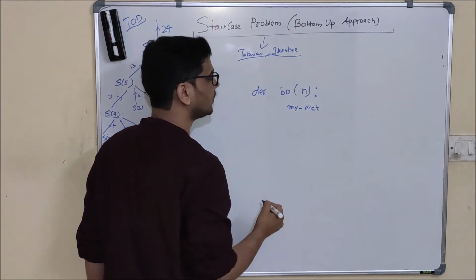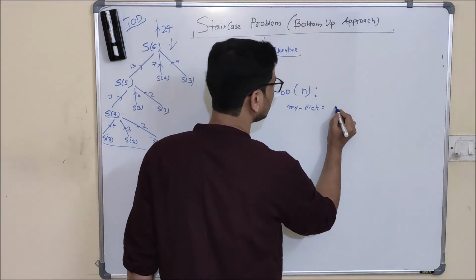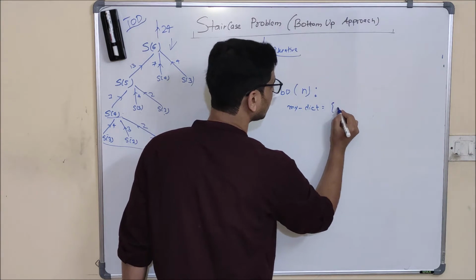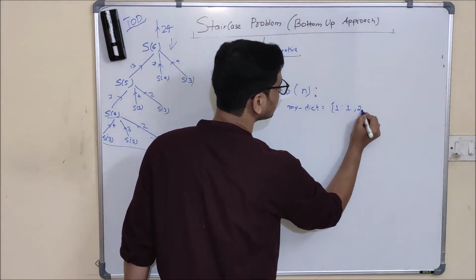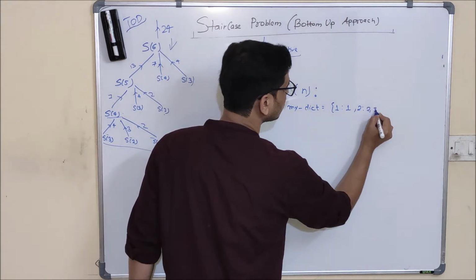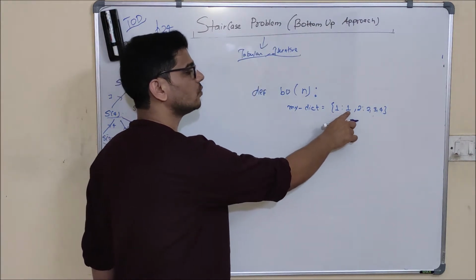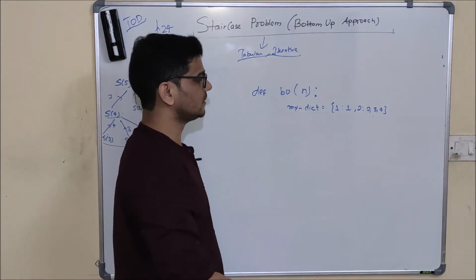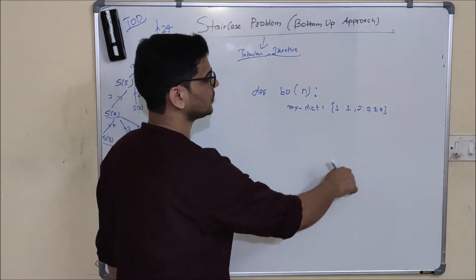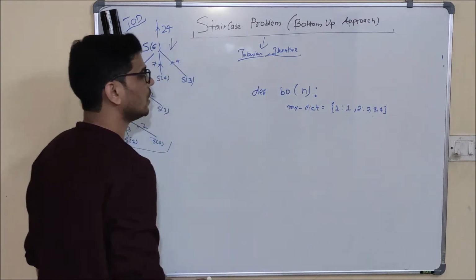Here I am declaring a dictionary which I will be filling using an iterative method, that is, a for loop. And in the dictionary I will be writing my base case. For one staircase we have one option. For two staircase we have two options. For three staircase we have four options.